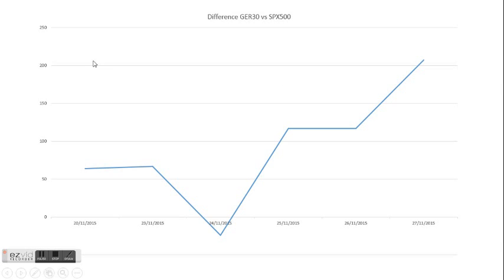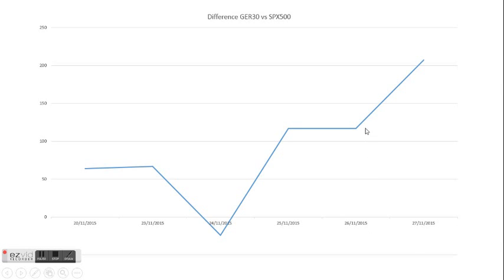So this is the German 30 and SPX 500. As you can see, this is Friday the 20th, not the Friday just gone, but the Friday previous to that. It closed on Monday, pretty much the same difference on the J30. They came closer together on Tuesday, and moved further apart on Wednesday.